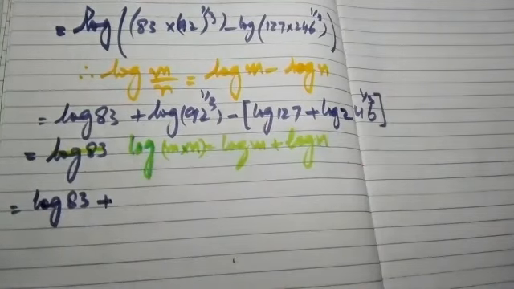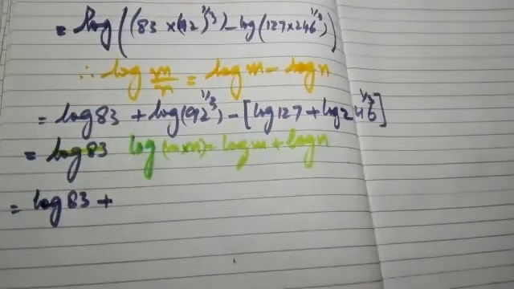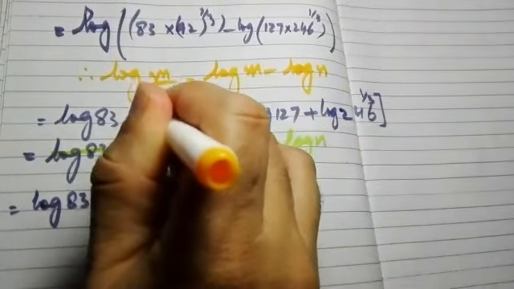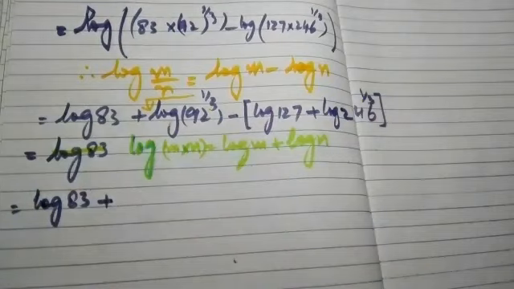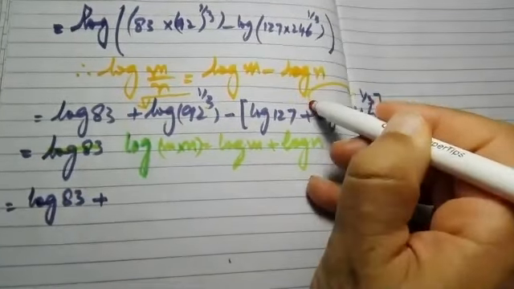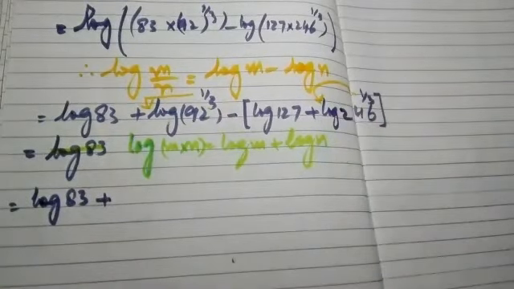Now in the next step, I would like to convert this power 1 by 3 as a multiple of log. Similarly, this 1 by 3 will also be converted as a multiple of log. We have done it before in many parts.